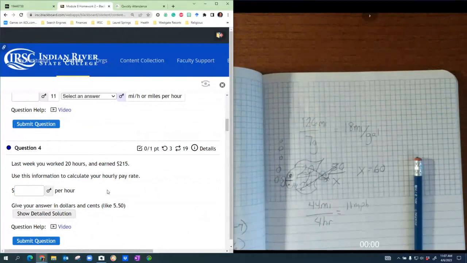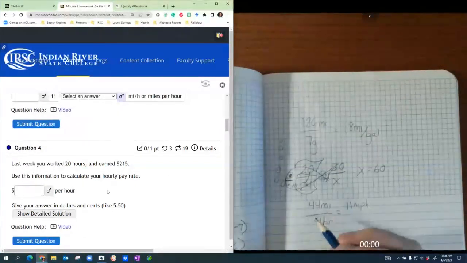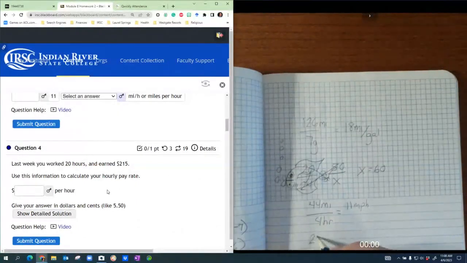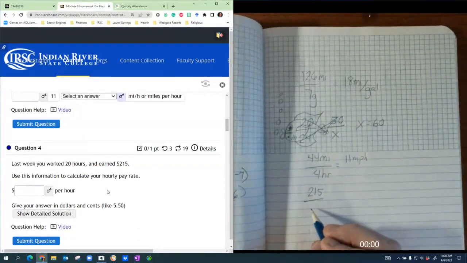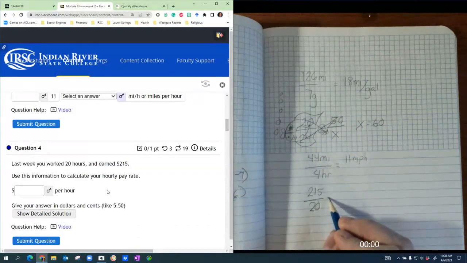Last week you worked 20 hours and earned $215. Use this information to calculate your hourly pay. So this is going to be how much per hour. So it's 215 divided by 20.